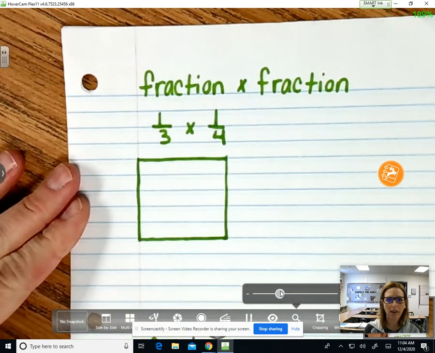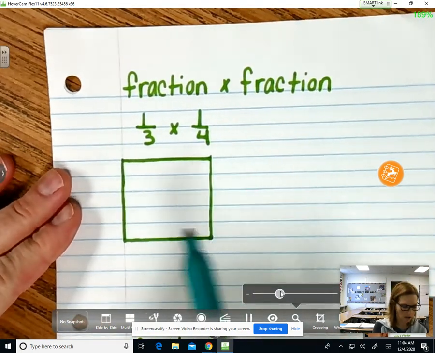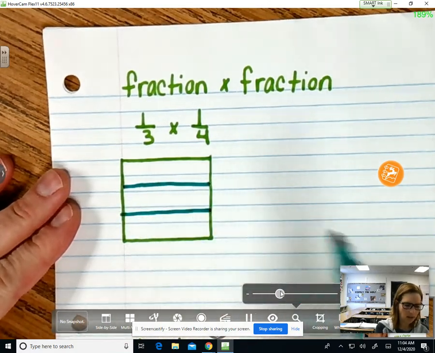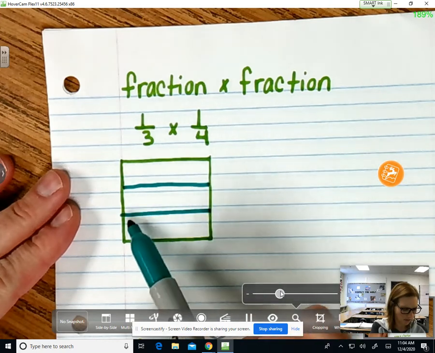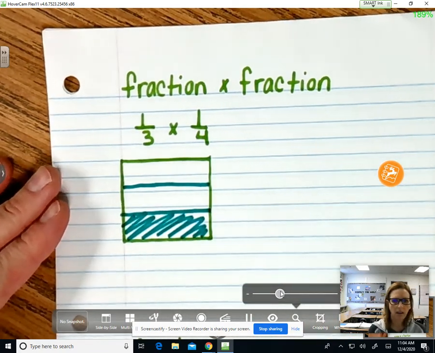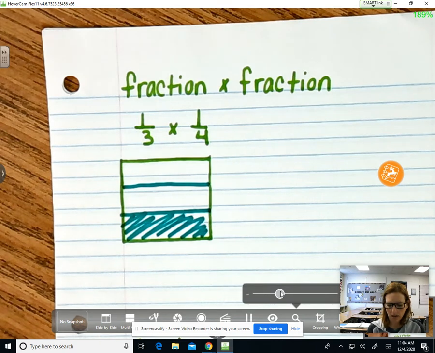So if I start by dividing this into thirds across, and I shade in one of those thirds, that represents my 1/3.